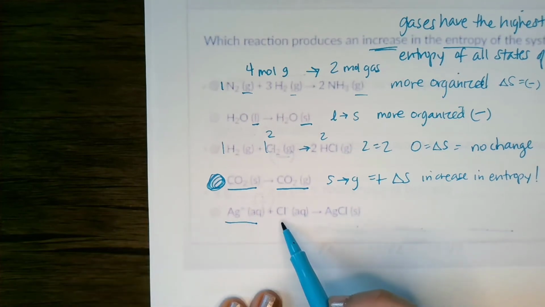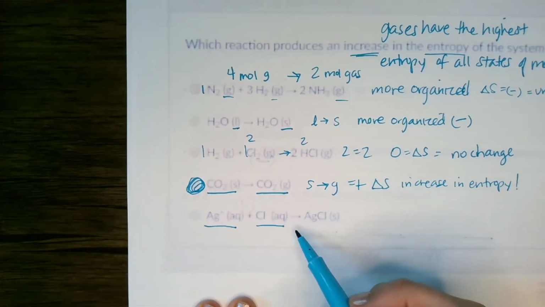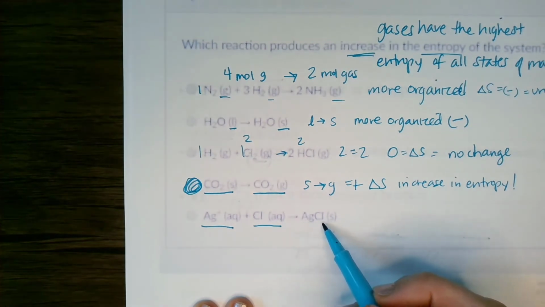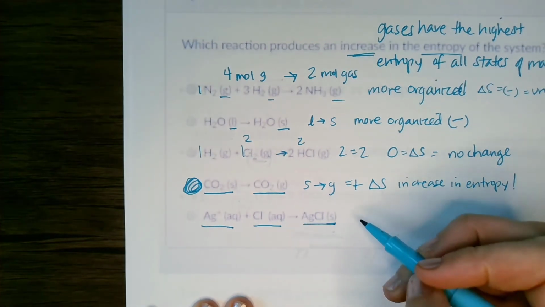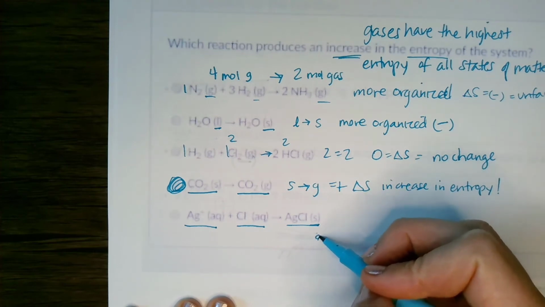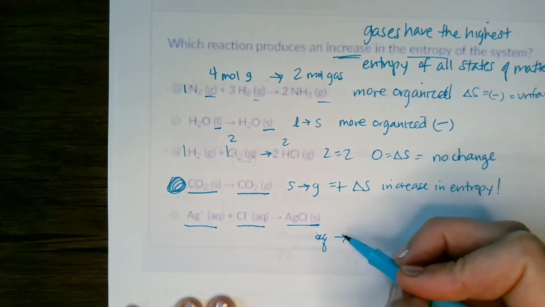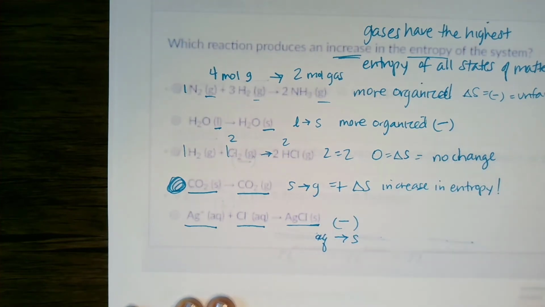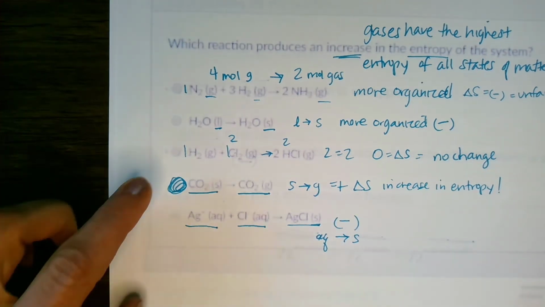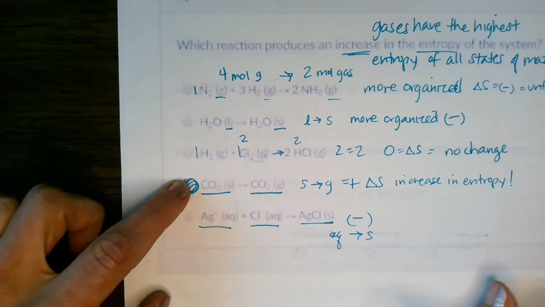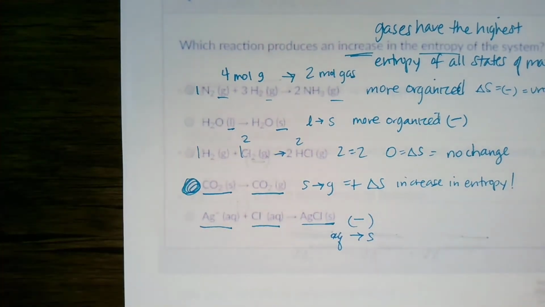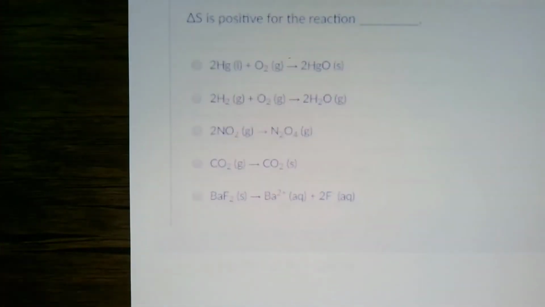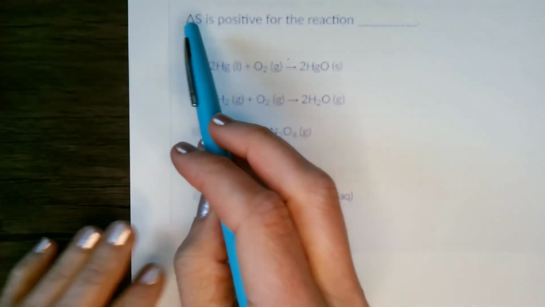Here I've got silver ions in aqueous solution plus chloride ions in aqueous solution going to silver chloride as a solid. So here I have aqueous, so liquid to solid. That's definitely becoming more organized. That's negative. So we have our answer right here, our solid CO2 going to gas CO2.